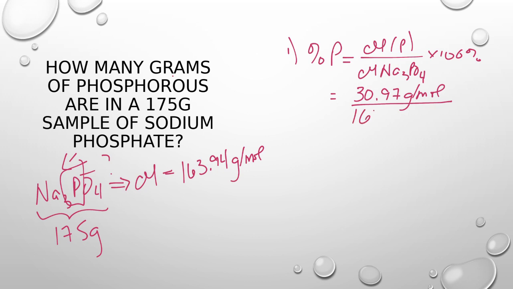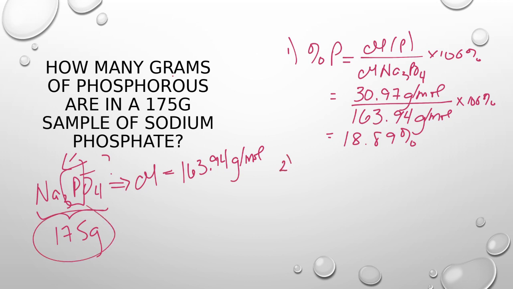And we already calculated this molar mass of sodium phosphate at 163.94 grams per mole. We divide that out, multiply by 100, I get a percentage value of 18.89%. So call it 20%. So roughly 20% of the 175 gram sample is phosphorus.